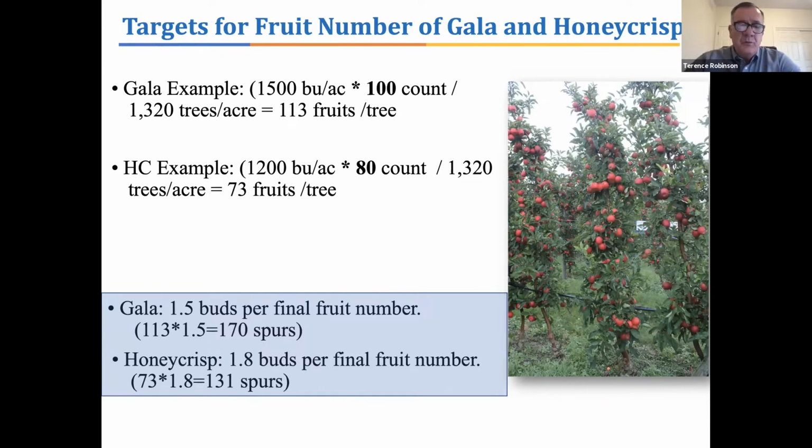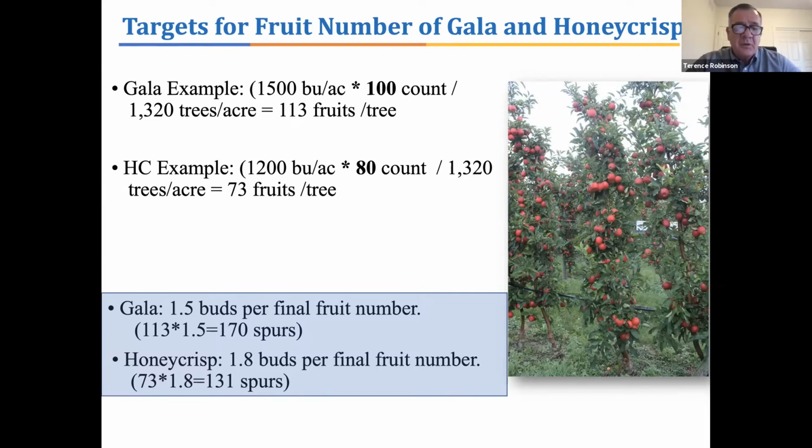Now, when we prune, we always leave some extra insurance buds, and so in Gala, we multiply that 113 by 1.5, and hopefully we're leaving 170 flowering spurs, less than 200 for sure. On Honeycrisp, though, because of the lower total yield we're looking for, with only 73 fruits, we have a slightly higher factor, 1.8 buds per final fruit number.